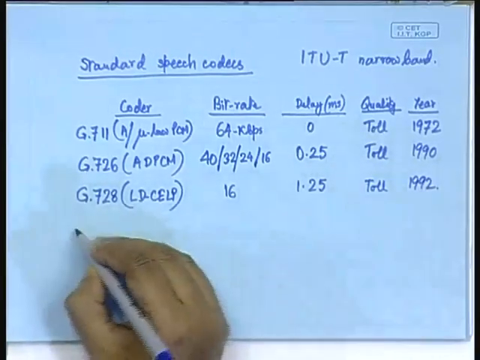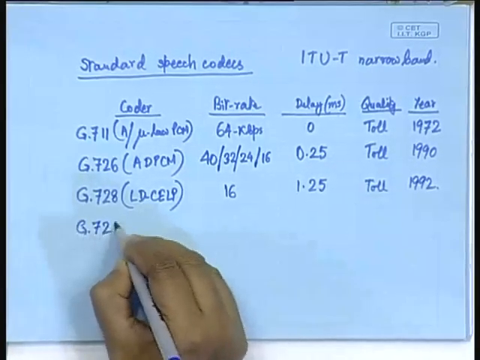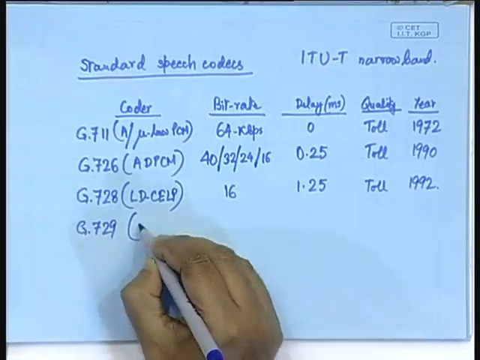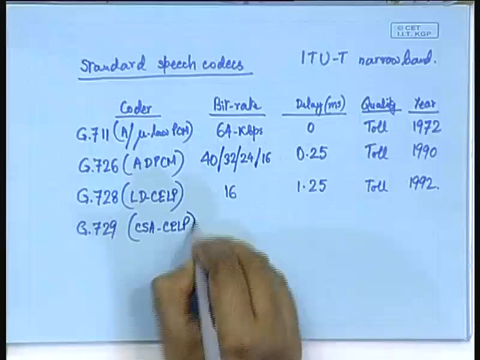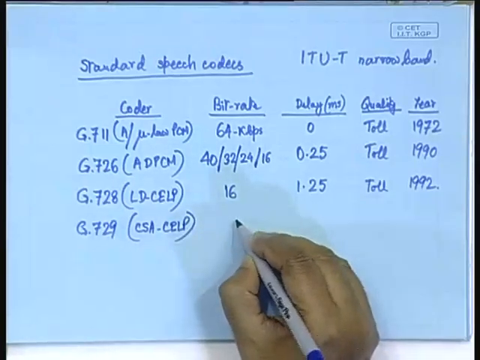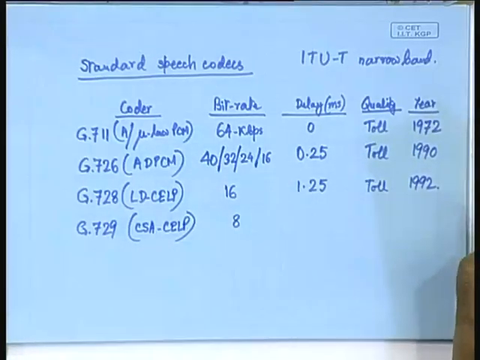And then came G.729, which is also another variety of the CELP, CS-ACELP, and this brings down the bit rate to 8 kilobits per second.